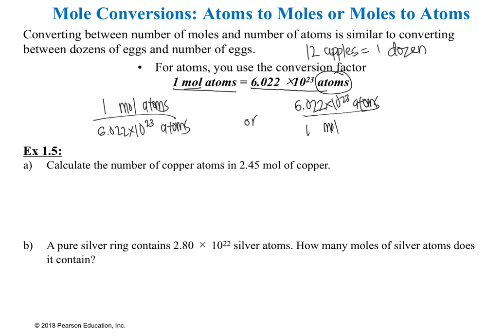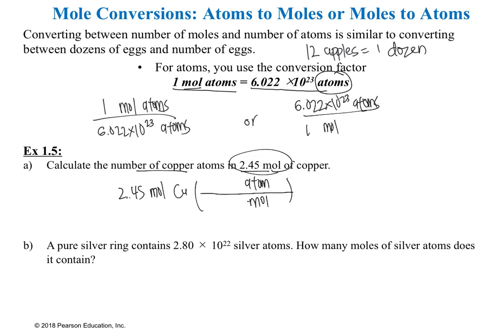So if I have 2.54 moles of copper, I can calculate how many copper atoms I have. I'm going to start with the number I have, 2.54 moles of copper. Now, just like any other conversion, I want moles to cancel out on the bottom and atoms to come up top.